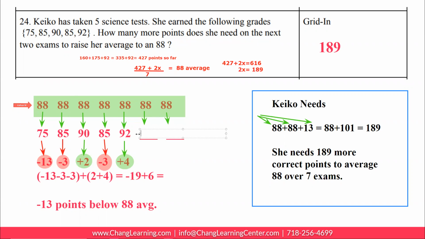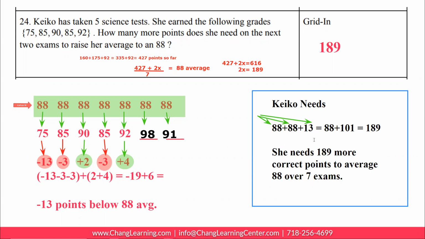It could be a 99 on one test and a 90 on the other test, or it could be a 98 on one test and then a 91 on the other test. But no matter what those last 2 scores are, she's got to do pretty well in these tests. She has to have 2 numbers that add up to 189. So that's the amount of points she needs.